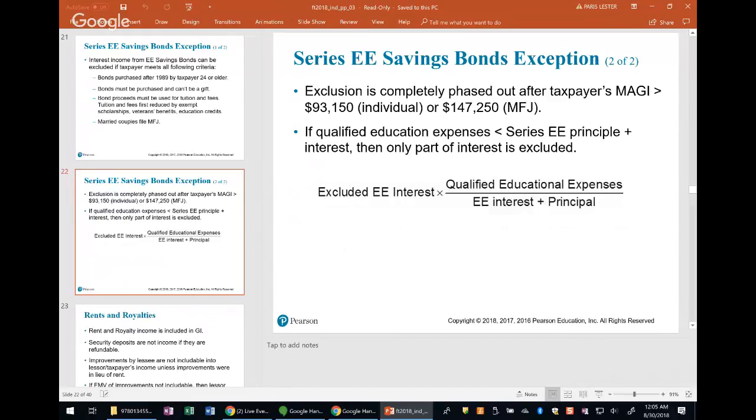Now, if it's a Series EE bond, here's your exclusion. All right. If qualified education expense is less than the principal plus interest, then only part of the interest is excluded. All right. Now, if you had qualified educational expenses, let's say for one semester, of $3,000.